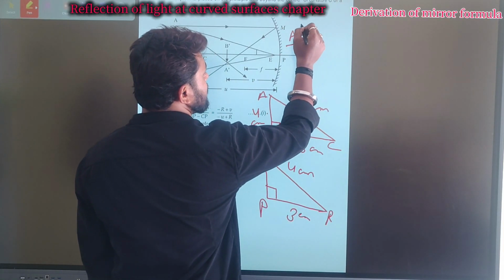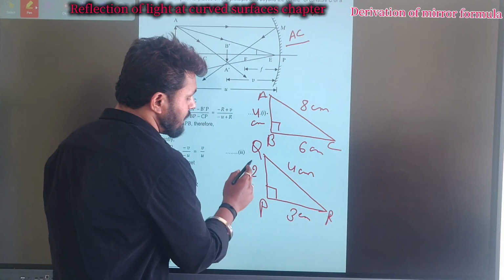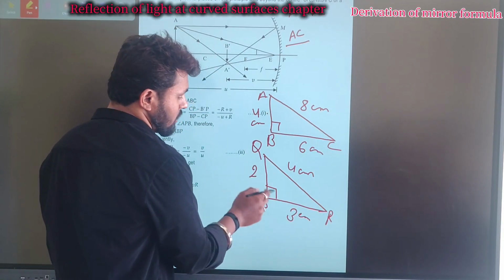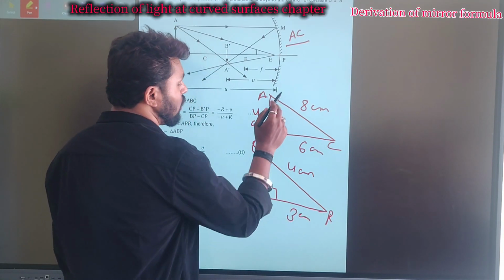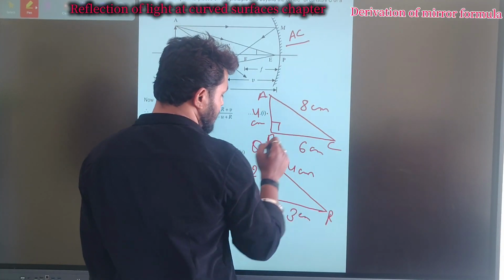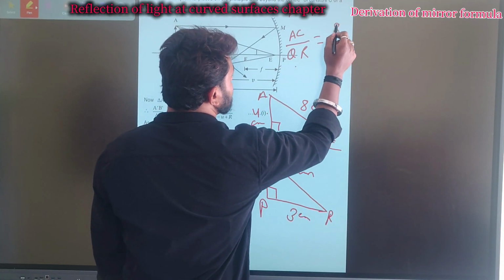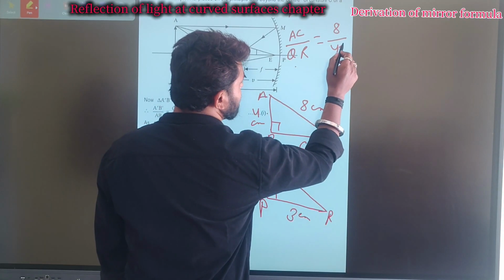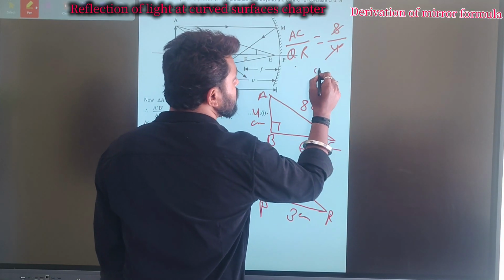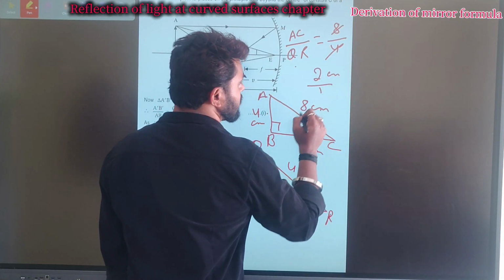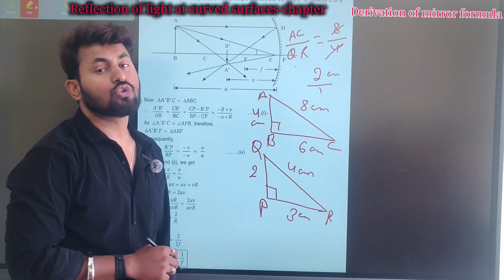From triangle ABC I have taken AC, and from triangle PQR I am taking QR as the longest one, which is 4 centimeter. If you take the ratio, this is 8 centimeter, this is 4 centimeter. If you cut it, you will get 2 centimeter or 2 by 1. This is getting divided into 2:1.